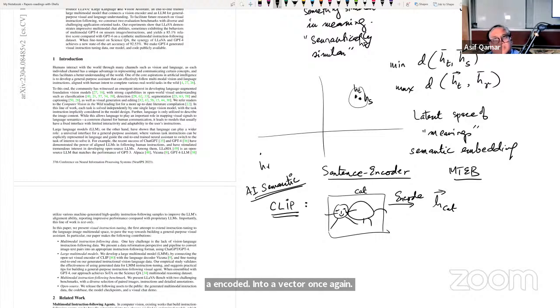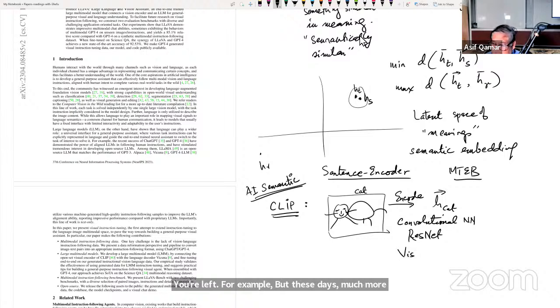There are multiple ways you can do it. You can do it using a CNN, convolutional neural net, for example, a ResNet. But these days, much more prevalent is to use something called a visual transformer.